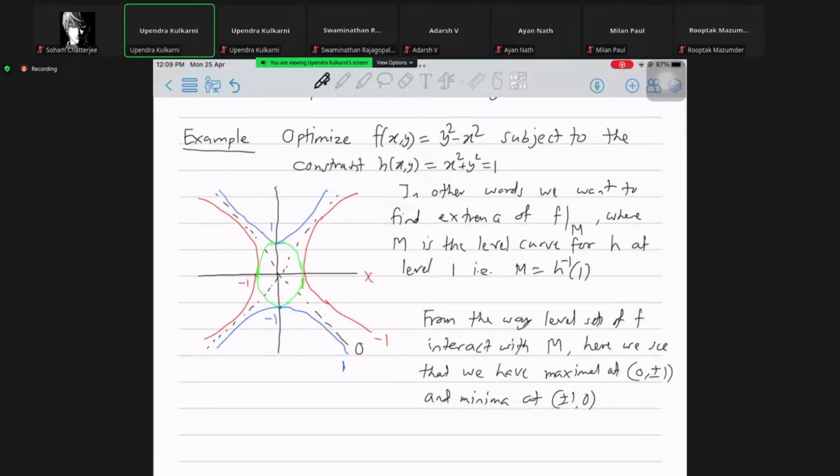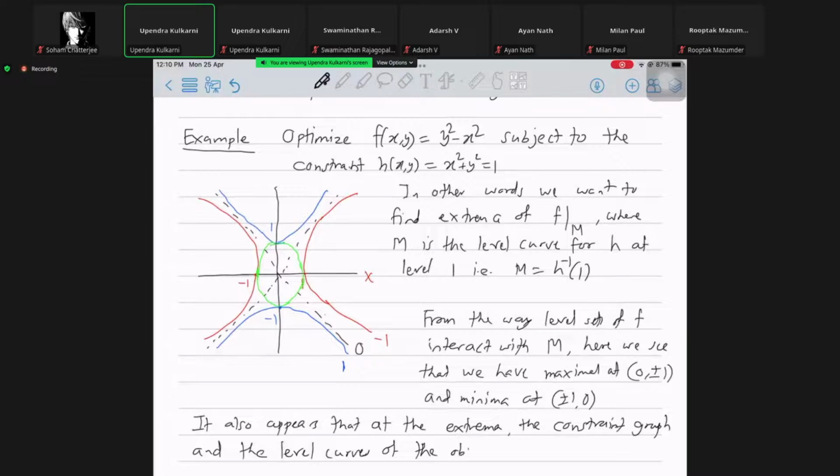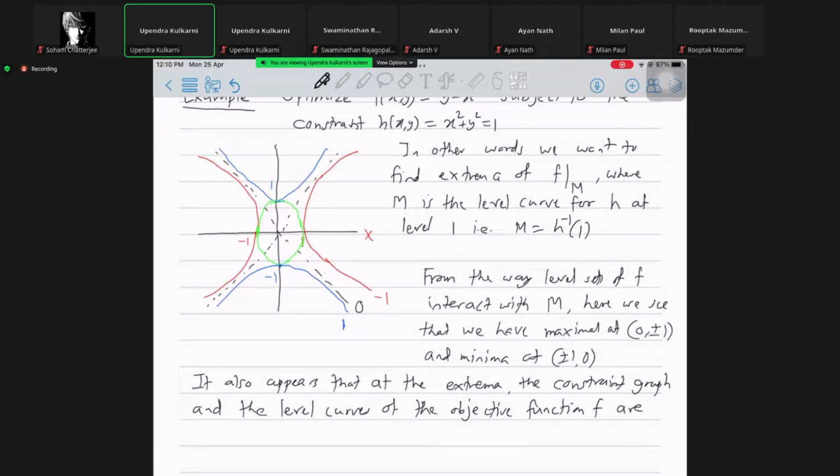But another thing, sort of the interesting point, is that it also appears that at the extrema, the constraint graph, let's say, and the level set of the objective function F are tangential to each other.